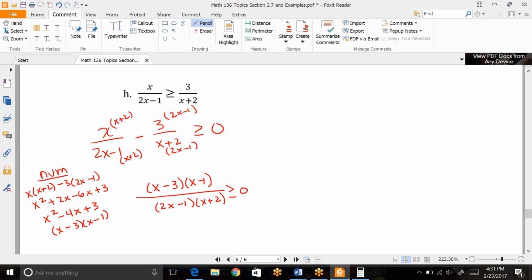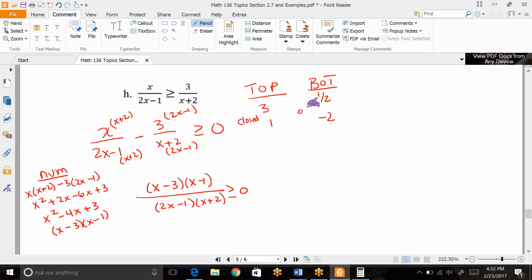Okay, so from the top, we're getting the following critical values, positive 3 and positive 1. I'm going to try to save a little time on this one. So that's just by setting those equal to 0. For the bottom, we're getting add 1 divide by 2, so that's a half, and negative 2. So then this has an equal to, so the top ones are going to be closed.